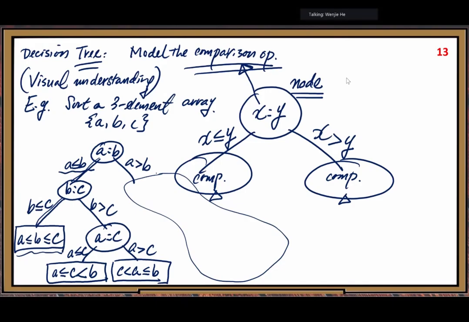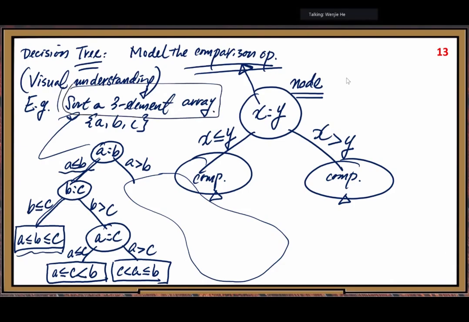So you can see the whole picture pretty well. It's enough for you to see the whole picture. So this is the decision tree that corresponds to one of the sorting algorithms for this computing problem.